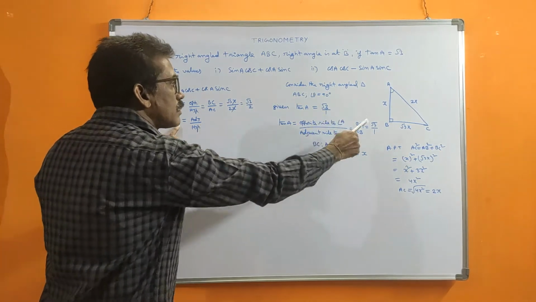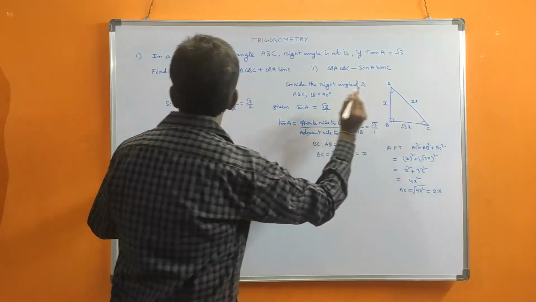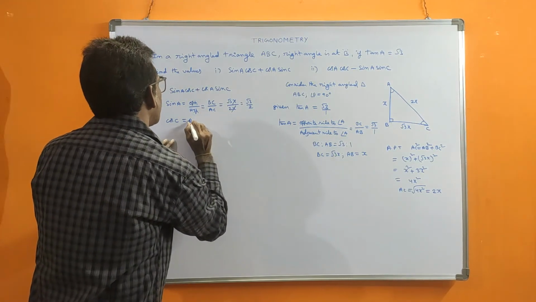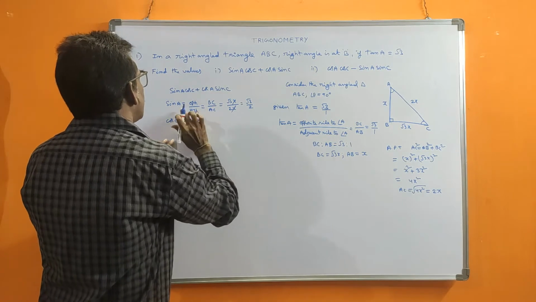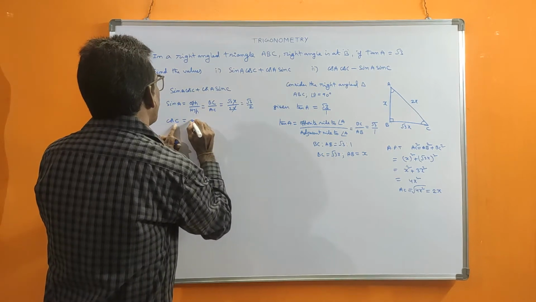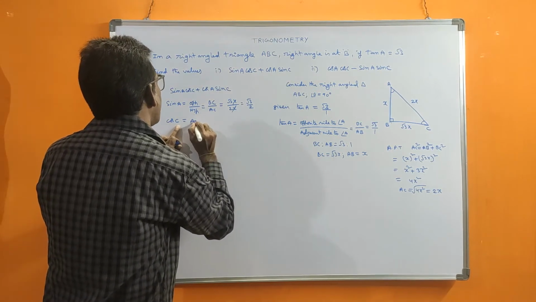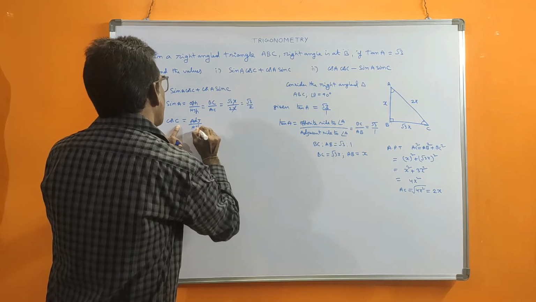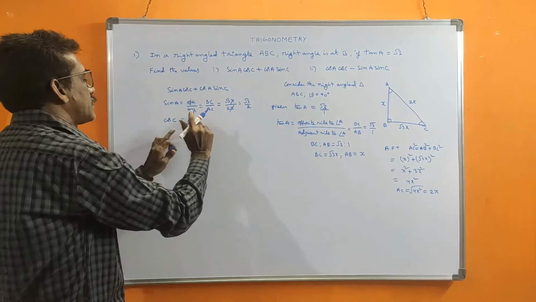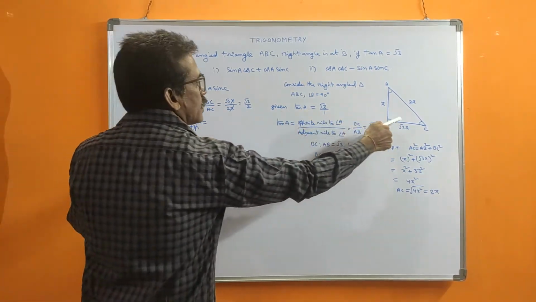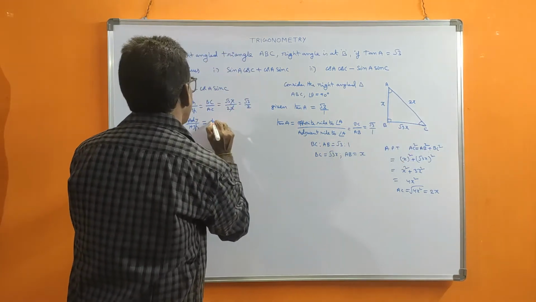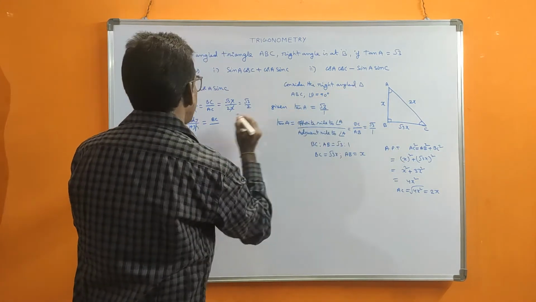Consider C. In exams, write adjacent side to angle C. For C, the adjacent side is BC and the hypotenuse is AC.